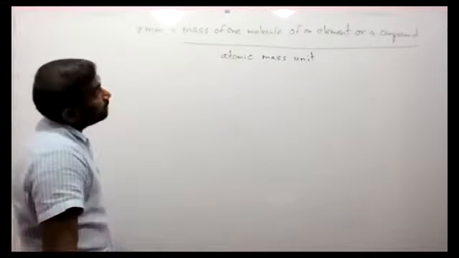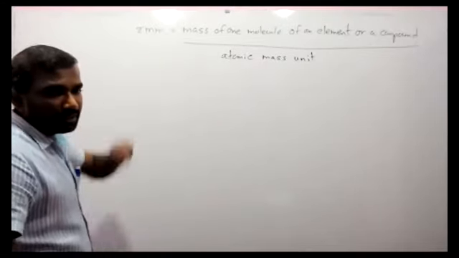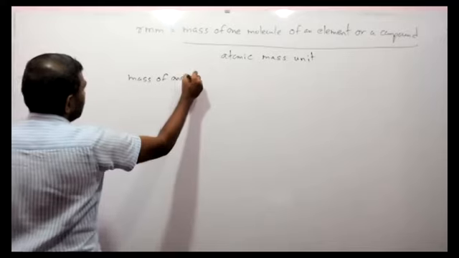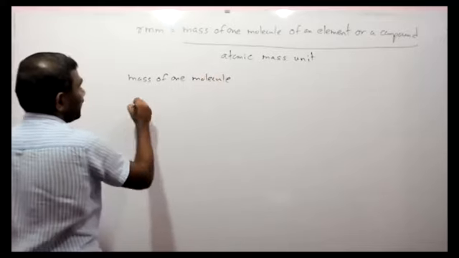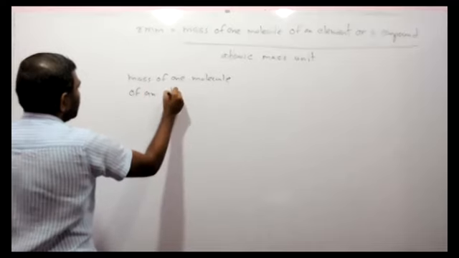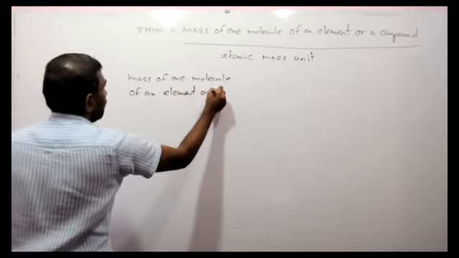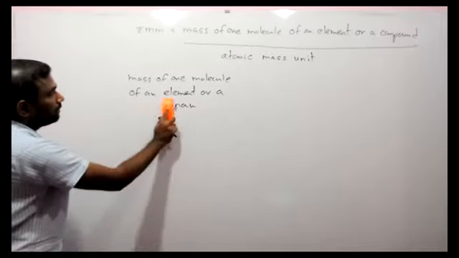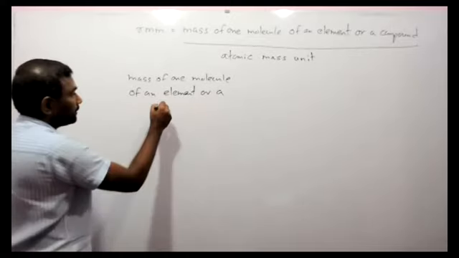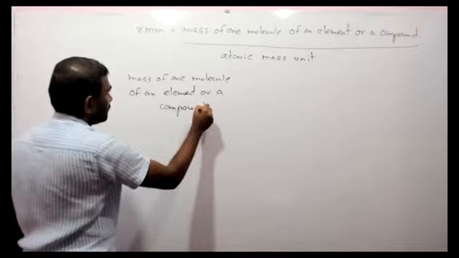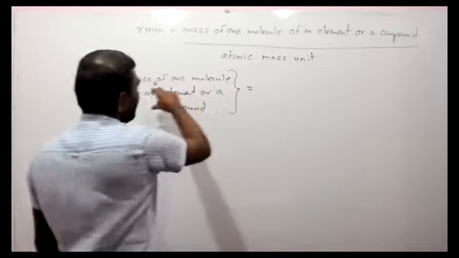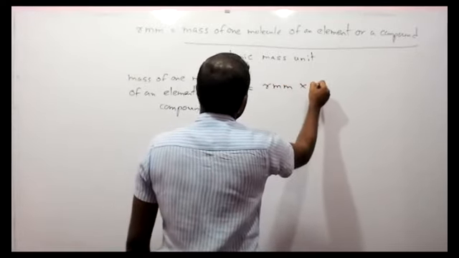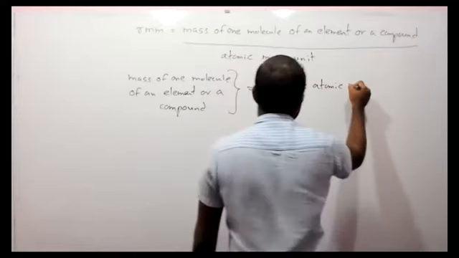So what do we need to calculate, children? The mass of one molecule of an element or a compound. It will equal RMM multiplied by what, children? Atomic mass unit.